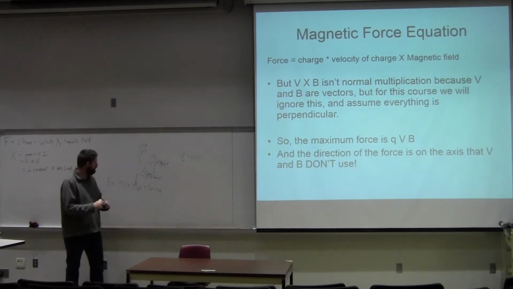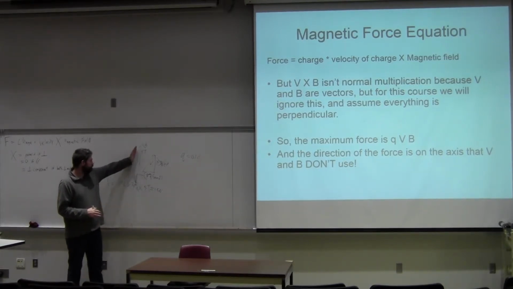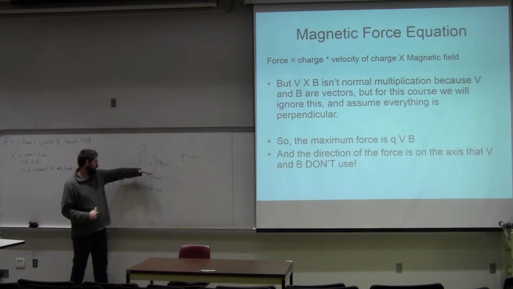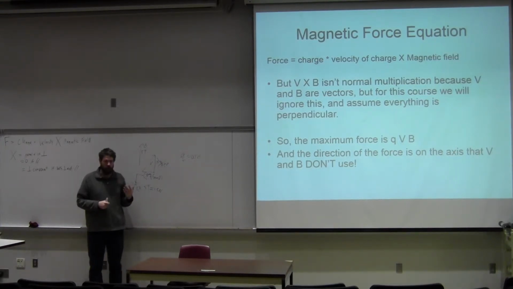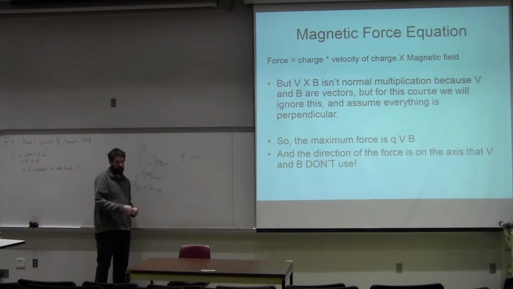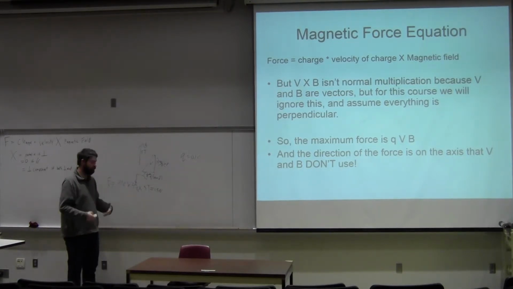Now, for the direction, it's perpendicular to the magnetic field and perpendicular to the velocity, and I'm ignoring this part because that part doesn't count. So it's perpendicular to this and perpendicular to that, and so the direction of the force would need to be this way, out of the board, or this way into the board, depending upon the sign of the charge.